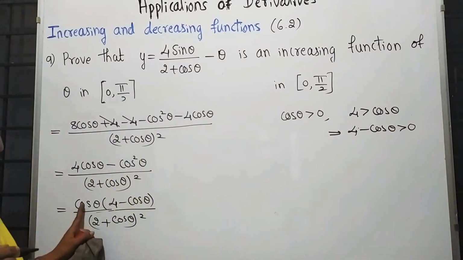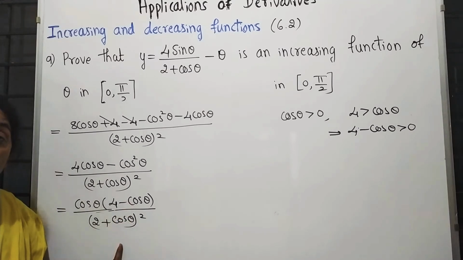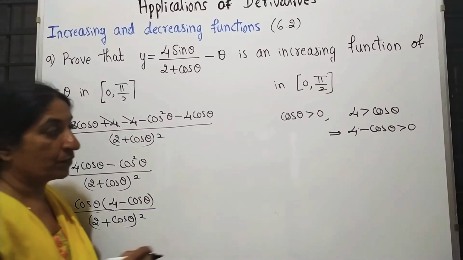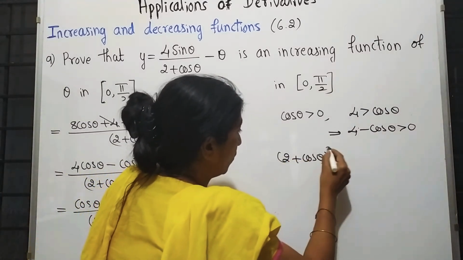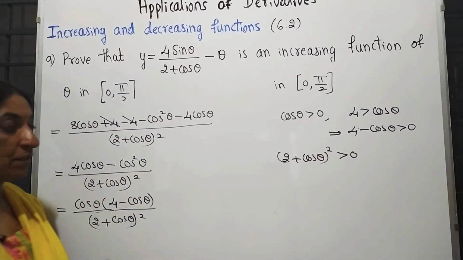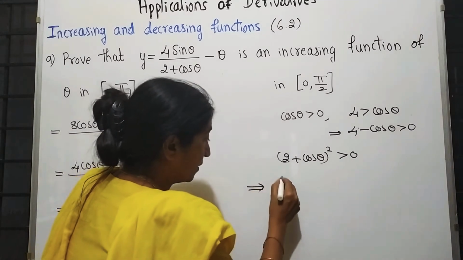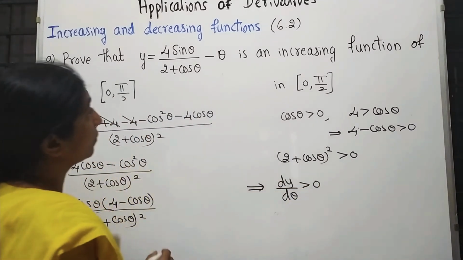So here the first term is greater than 0, the second term is also greater than 0, and the denominator is a square, bracket square, which is always positive: 2 plus cos theta whole square is greater than 0. All the three are greater than 0, which implies the first derivative dy upon d theta is greater than 0.